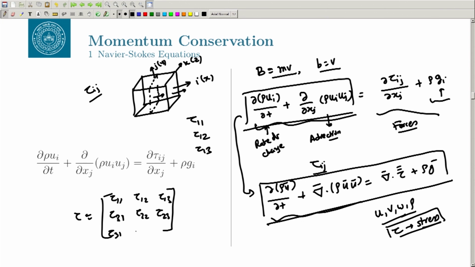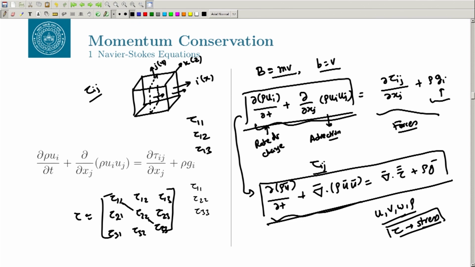Tau 3 1, tau 3 2, tau 3 3. This is tau 2 1. Now, you can see that there are some in the diagonal, which is tau 1 1, tau 2 2 and tau 3 3.